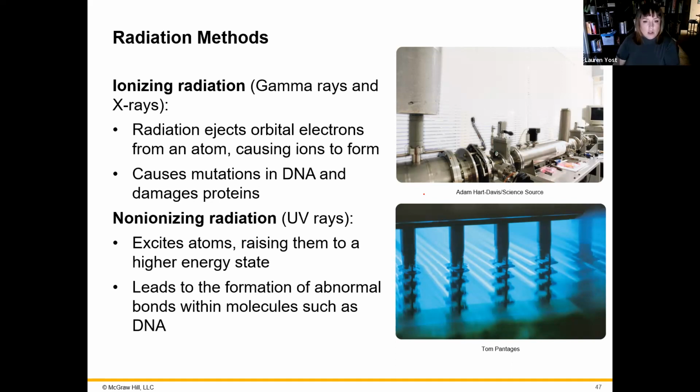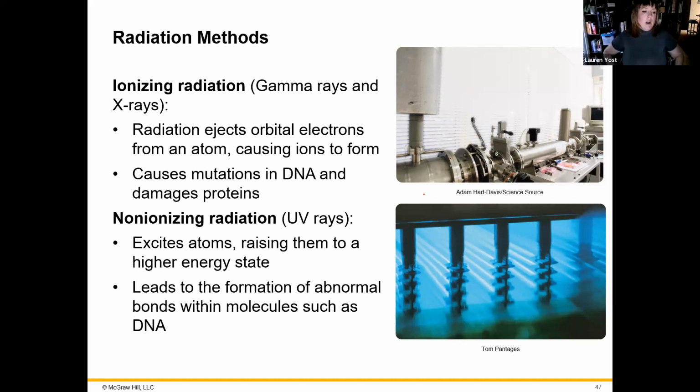We can eject those electrons and break apart the bonds of whatever we're exposing it to, including causing damage to the proteins, including bacteria that we're treating, right? So that's how that would happen. We're going to be ejecting the electrons from the actual bacterial atoms, and then causing ions to form in them as a result of the bombardment with the ionizing radiation.